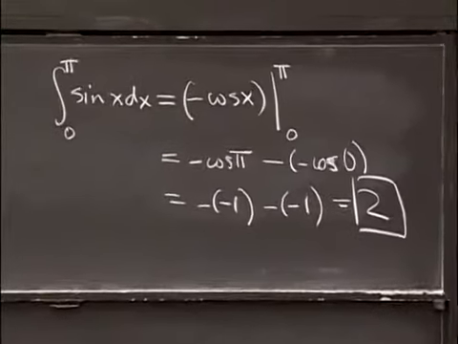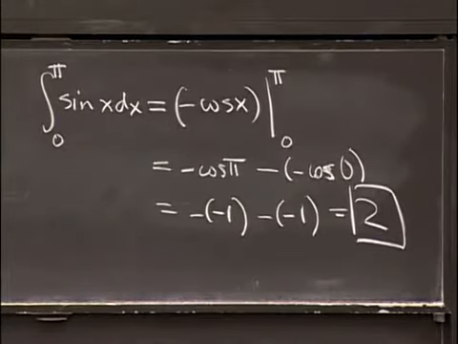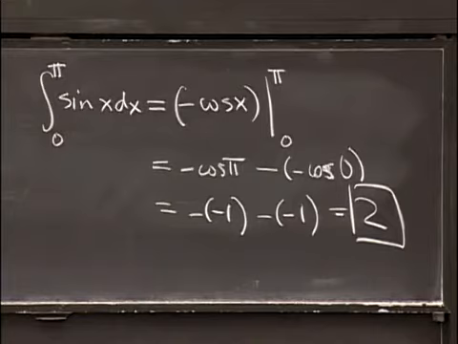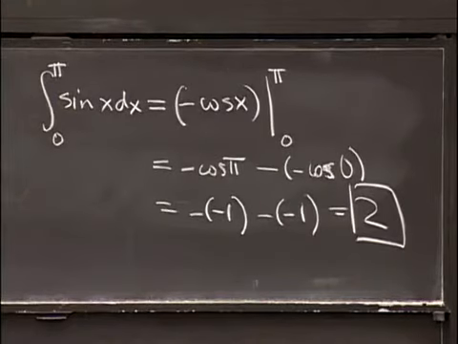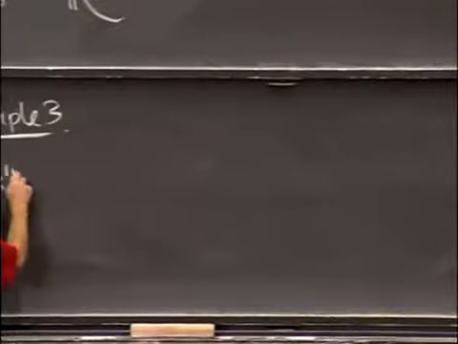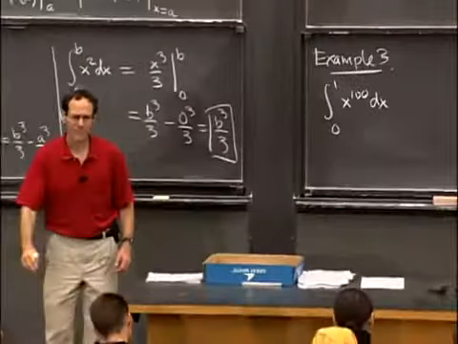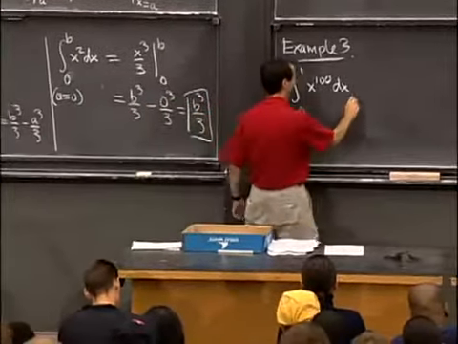All right, the third example is maybe superfluous, but I'm going to say it anyway. We can take the integral, say, from 0 to 1 of x to the 100th power. Any power now is within our power. So let's do it here.